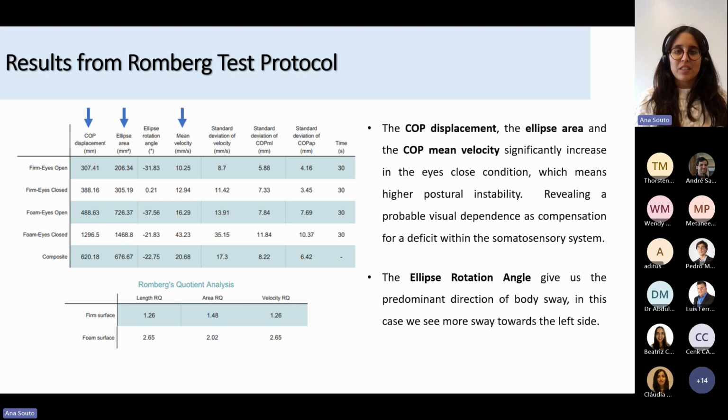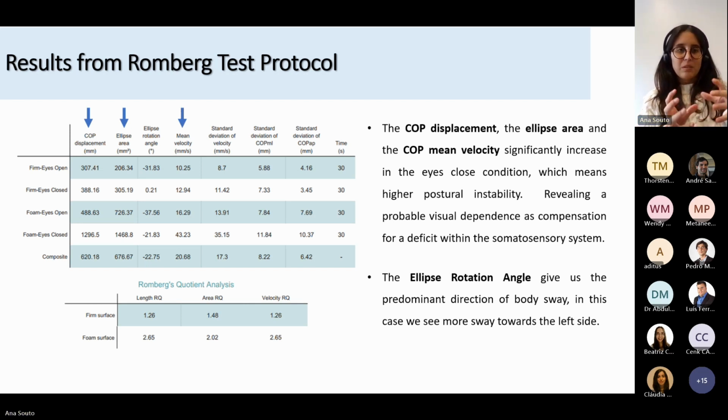Then we have the ellipse area. This is the area that contains 95% of the center of pressure points. Again, if we have a large ellipse area, it means that we were having difficulties being stable, so we were swaying a lot.